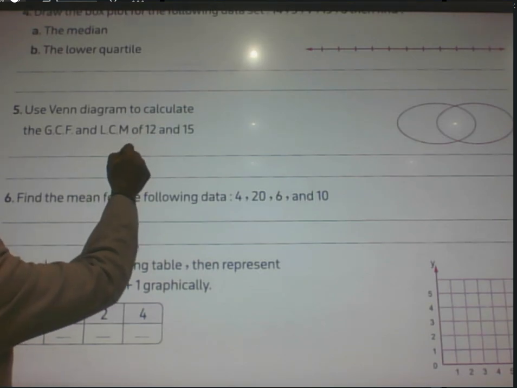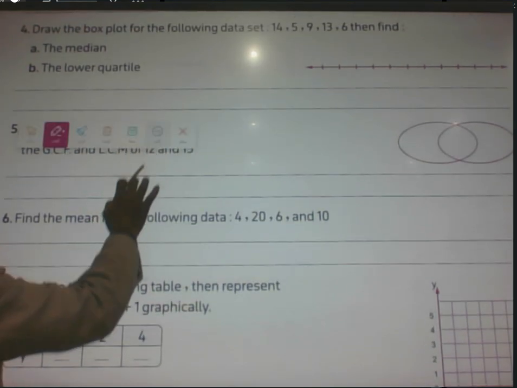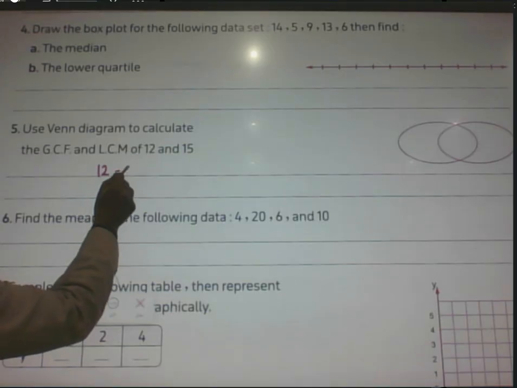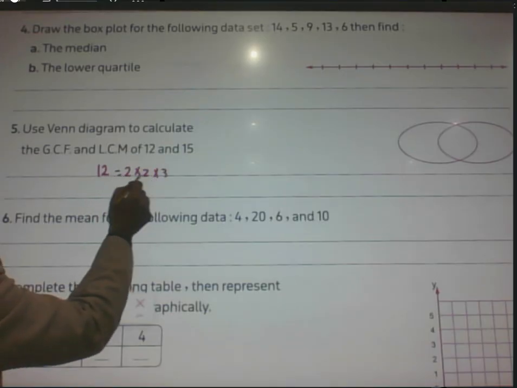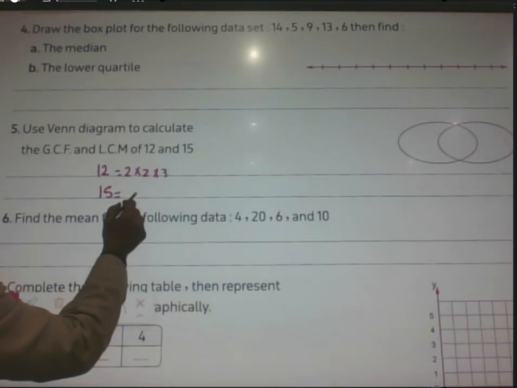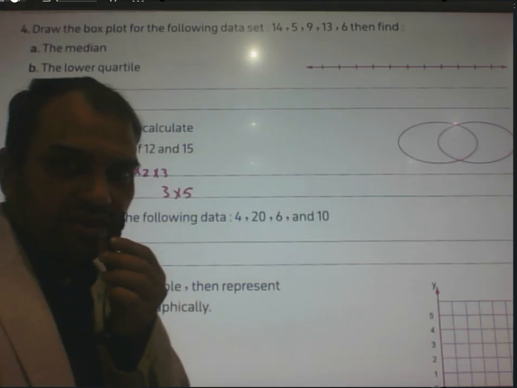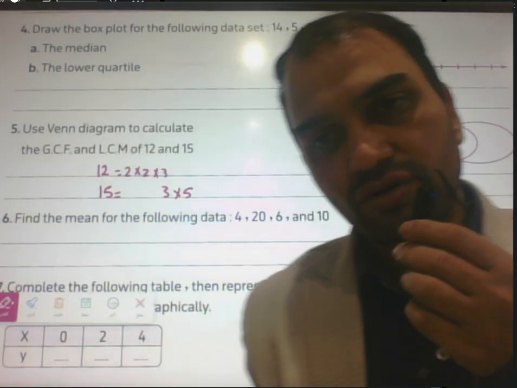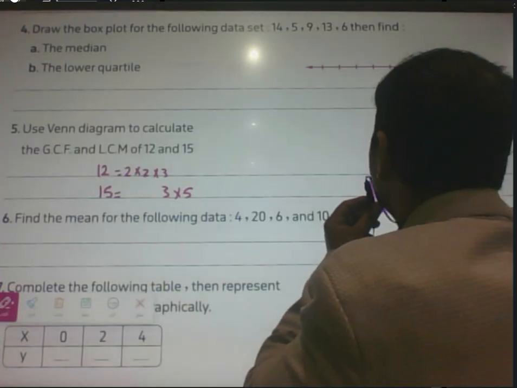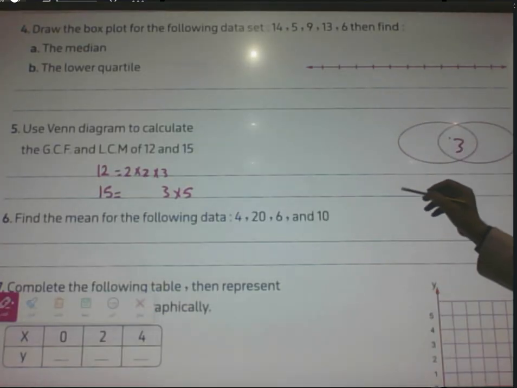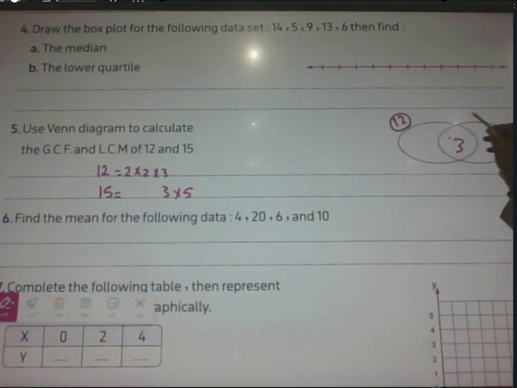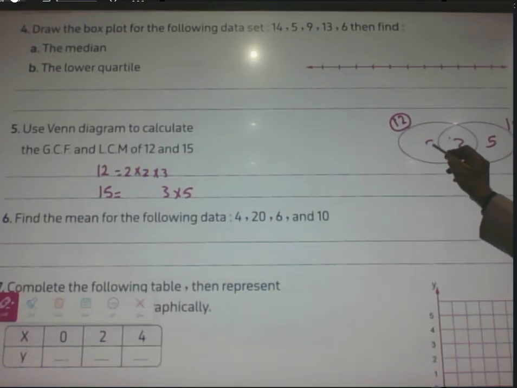Next question here. Use a Venn diagram to find the least common multiple and the greatest common factor between two numbers. We know 12 equals 2 times 2 times 3, and 15 equals 3 times 5. Then 3 here will be the greatest common factor between the two numbers, right? 3 in this place. We write the first number 12 and the second 15. 15 equals 3 times 5 and 12 equals 3 times 2 times 2.